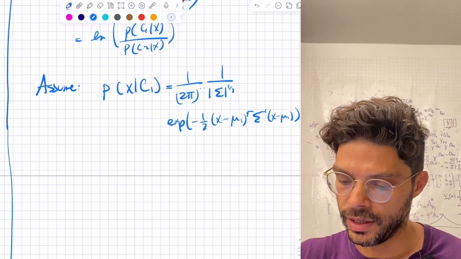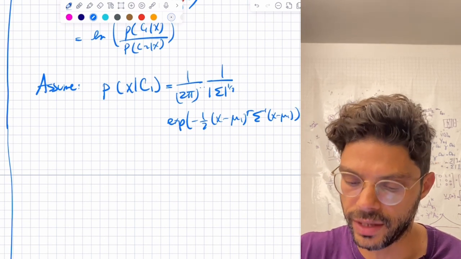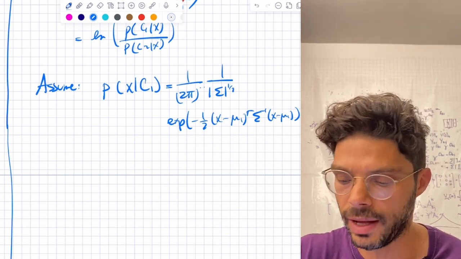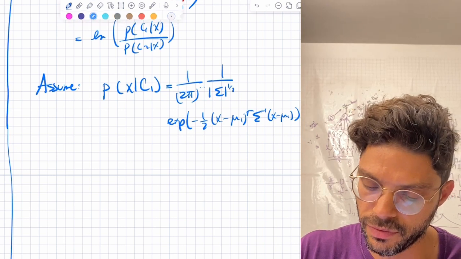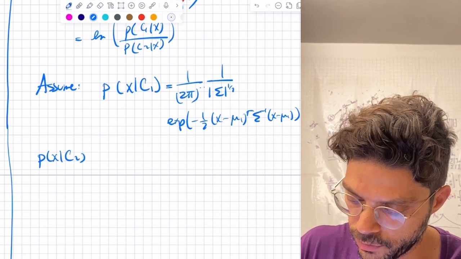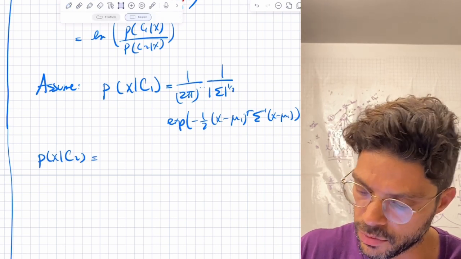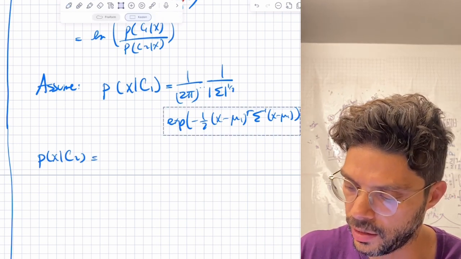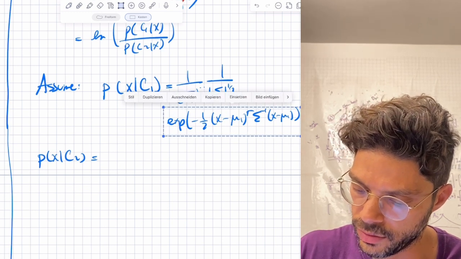Now the important thing, the great simplifying aspect that gives us these linear boundaries, is the fact that for P of x given C2, it's just going to be the same thing. So I'm just going to copy it all down. I'll ignore the constants.